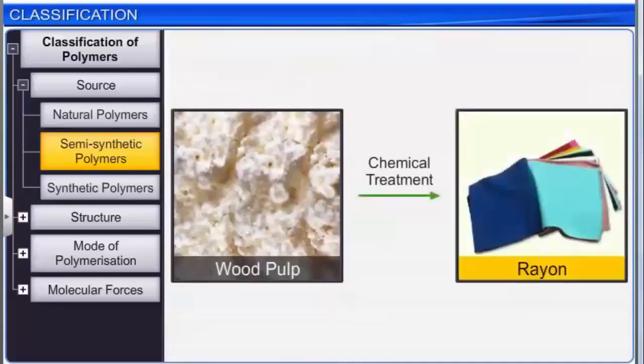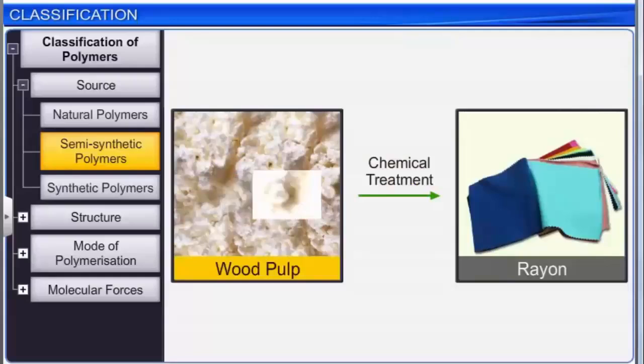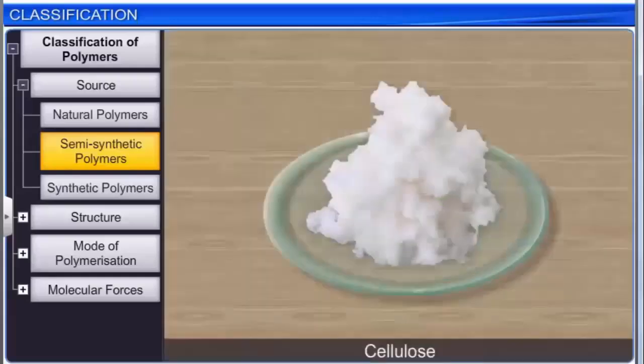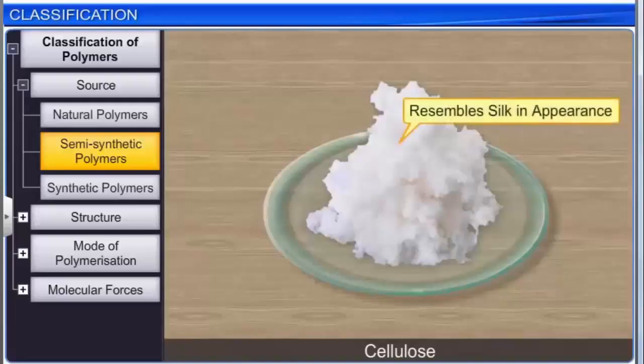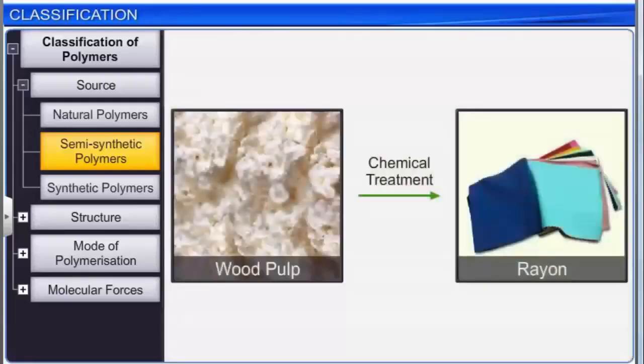Note that rayon, obtained by the chemical treatment of wood pulp, which contains a natural polymer, cellulose, resembles silk in appearance. Hence, it is also referred to as artificial silk.